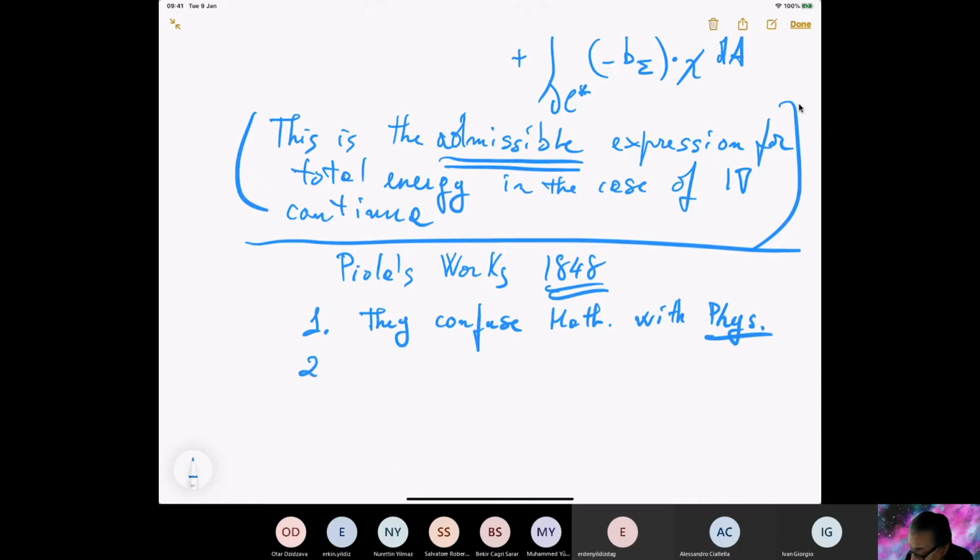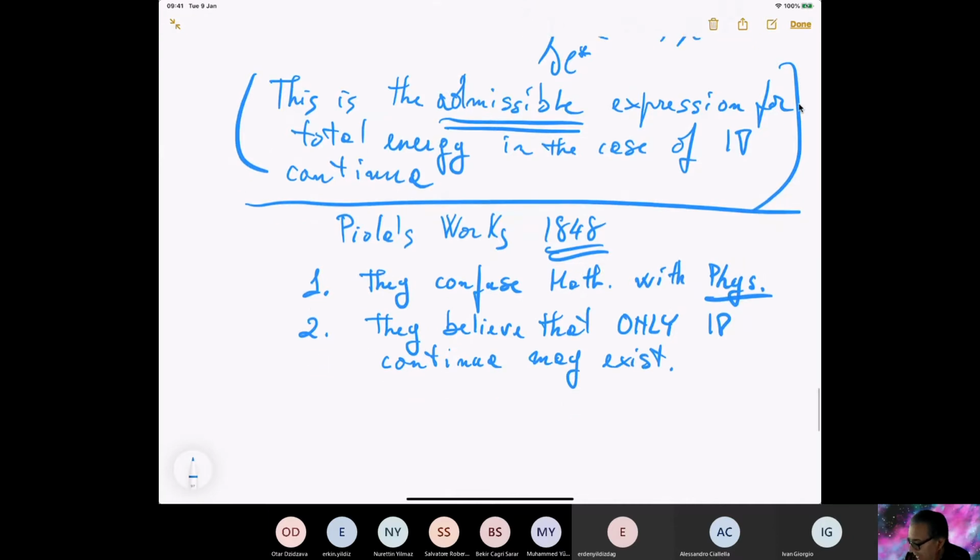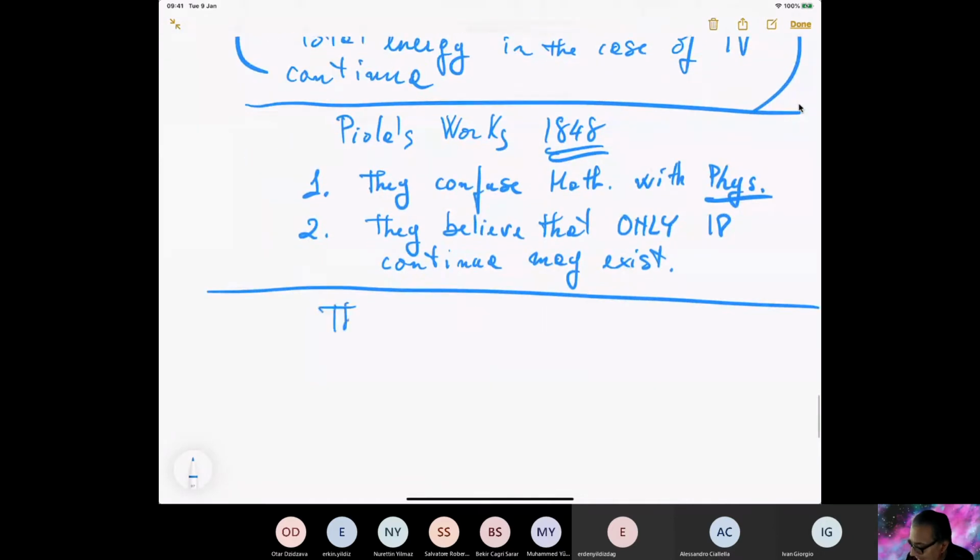And then second, they believe that only first gradient continua may exist. They conclude there are not concentrated forces in reality.